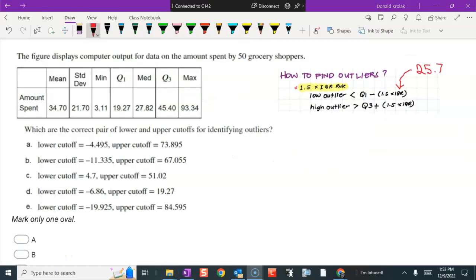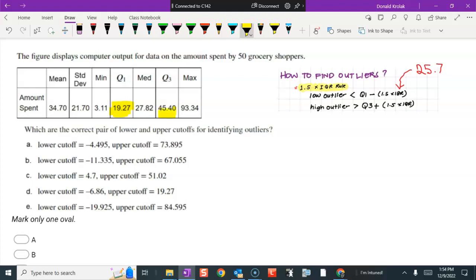The figure displays a computer output for the data on the amount spent by 50 grocery shoppers. All right, and the question is, what's the correct pair of lower and upper cutoffs to identify outliers? So on your review sheet, under Chapter 1, you'll see this little section where it says how to find outliers. So the lower outlier, we take the first quartile, which is right here, and we subtract 1.5 times the IQR.